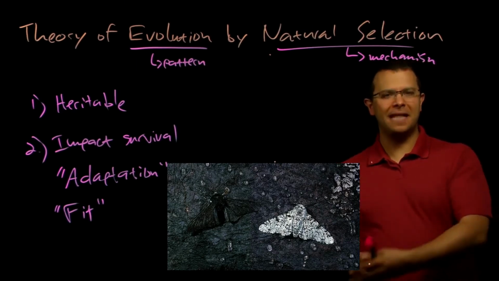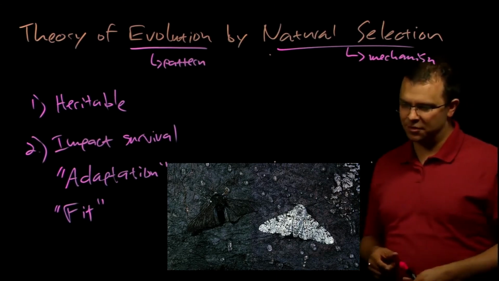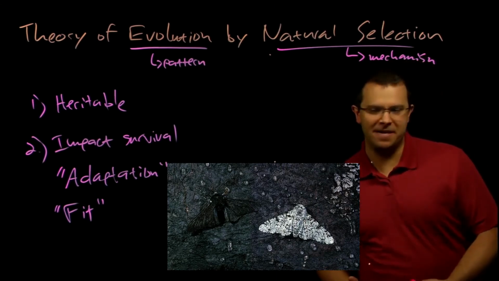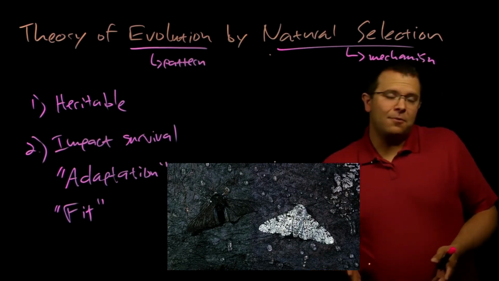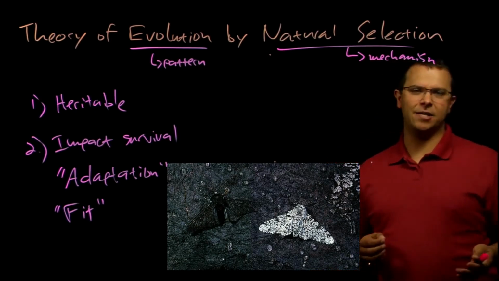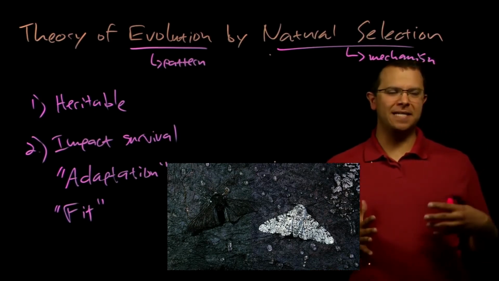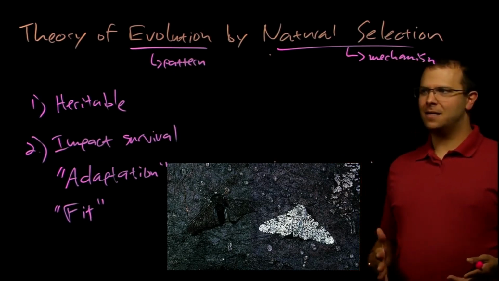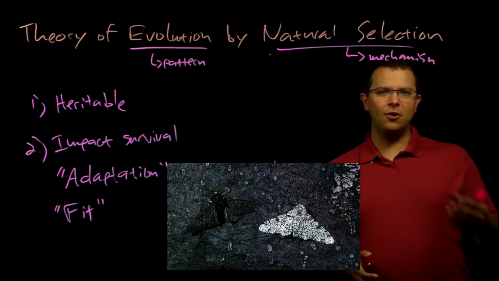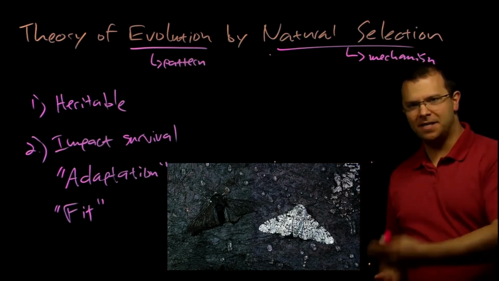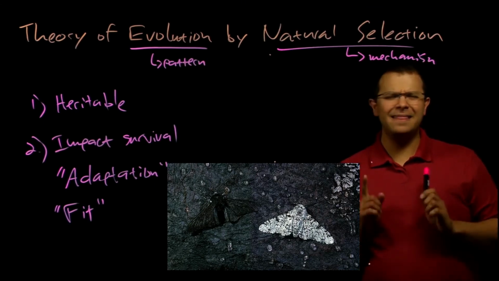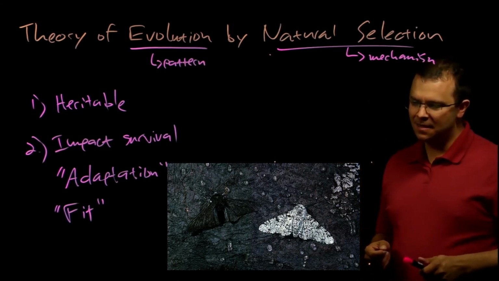And so now the black moths are more likely to reproduce and make black babies. And so how does the population change? Okay, once the trees have gone from white to black, the moth population also goes from primarily white to primarily black.